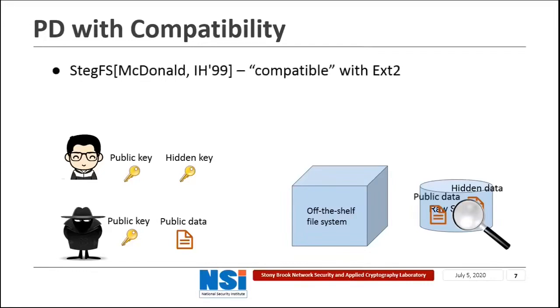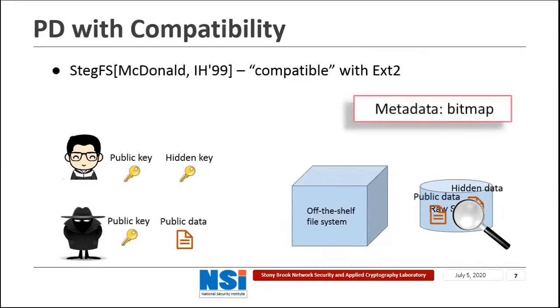Among all those existing PD schemes, there is one called StackFS, which is claimed to be compatible with the file system ext2. However, StackFS is not a PD scheme with compatibility, as it needs to store some metadata, which is a bitmap, in the storage device.